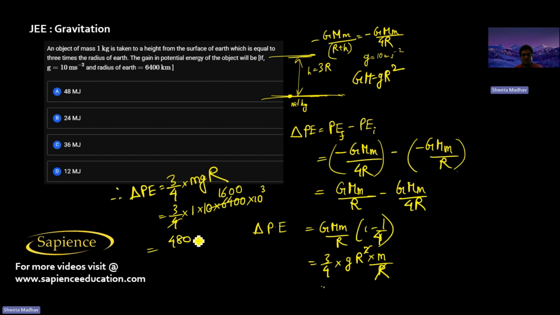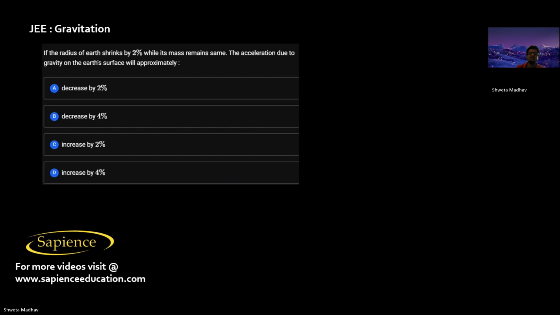So 48,000 into 10 power 3. This will be equal to 48 into 10 power 6 joule, which is 48 megajoule, since 1 megajoule is 10 power 6 joule. So it is 48 megajoules. So option A is the correct answer.